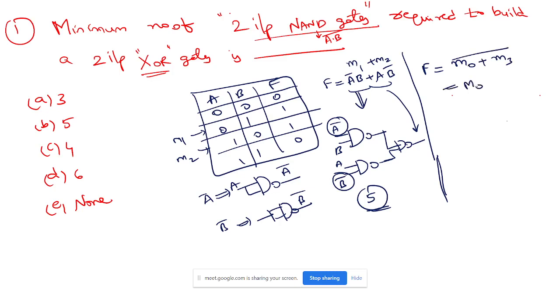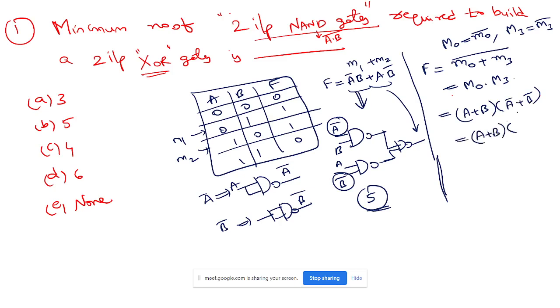This is M0 into M3. So what is M0? A plus B, right? Because M0 is nothing but no complications. See that video, you will understand. Just complement that: A bar plus B bar. Now you can see this. You can take A plus B into this A bar plus B bar, which can be written as A or B whole bar.